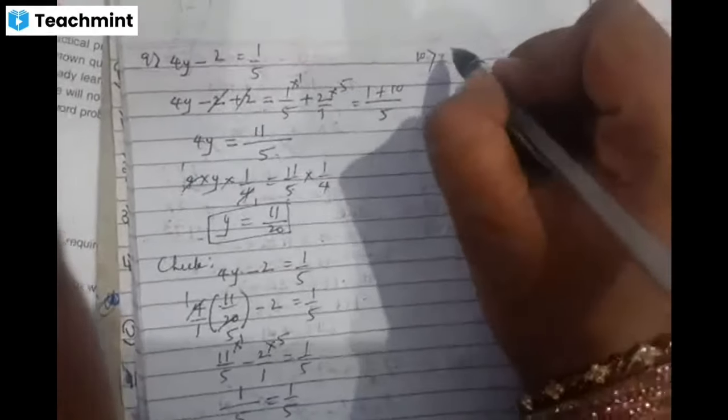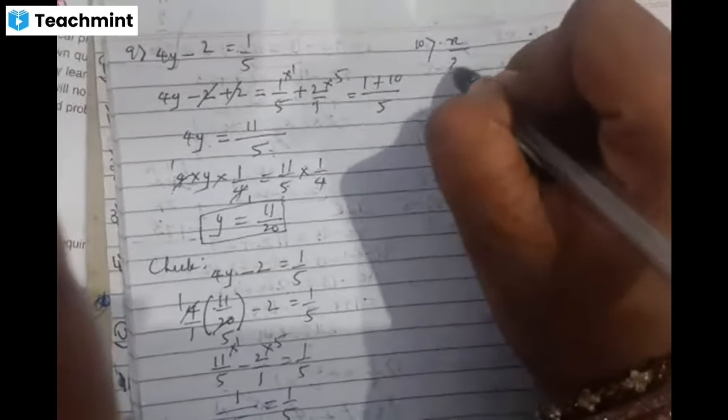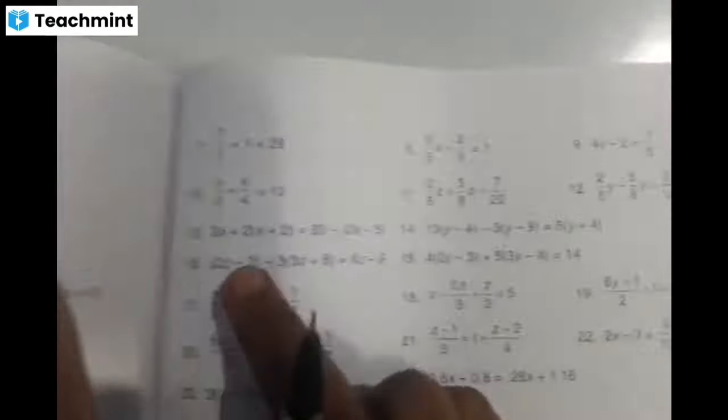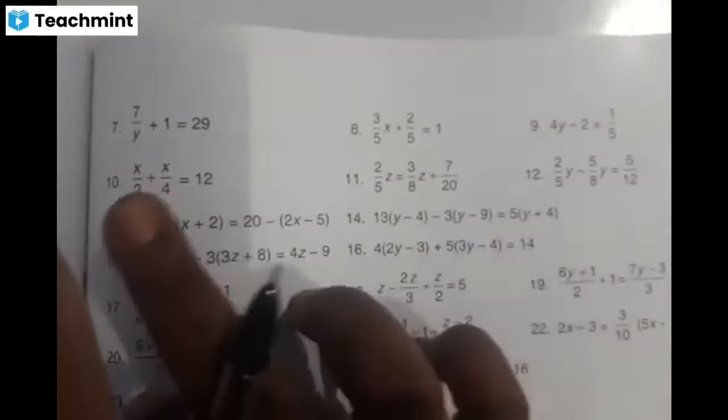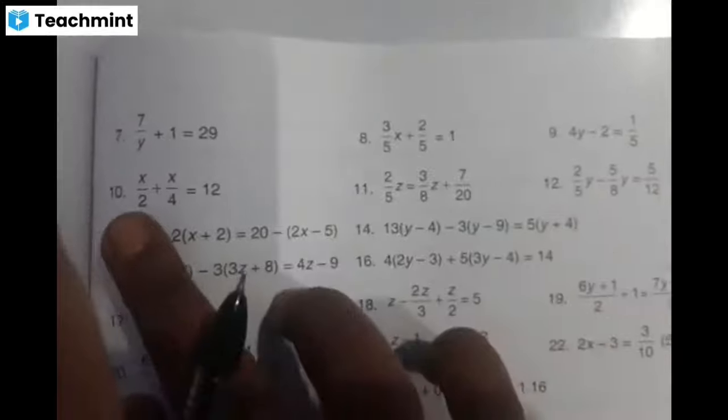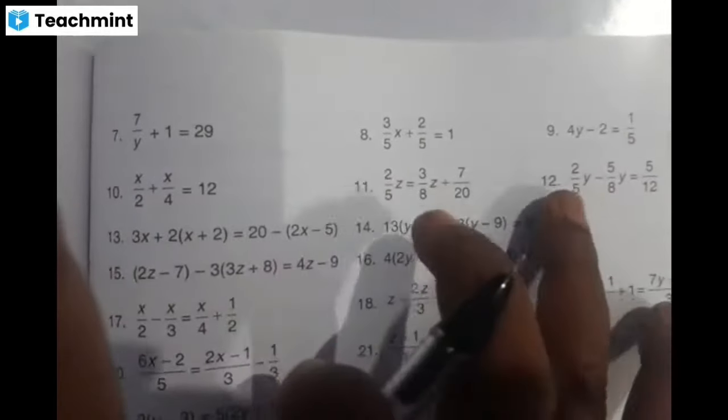10th part, x by 2 plus x by 4 is equal to 12. Children, you have the 10th part here, then 11, 12. These three are of the same type: 10th, 11th and 12th.